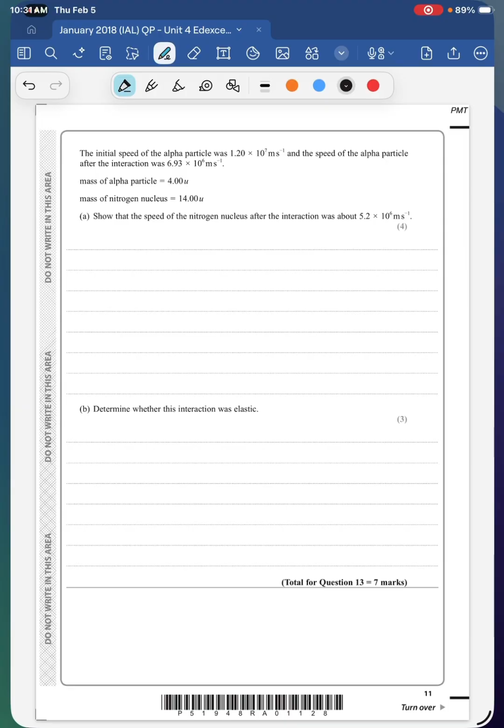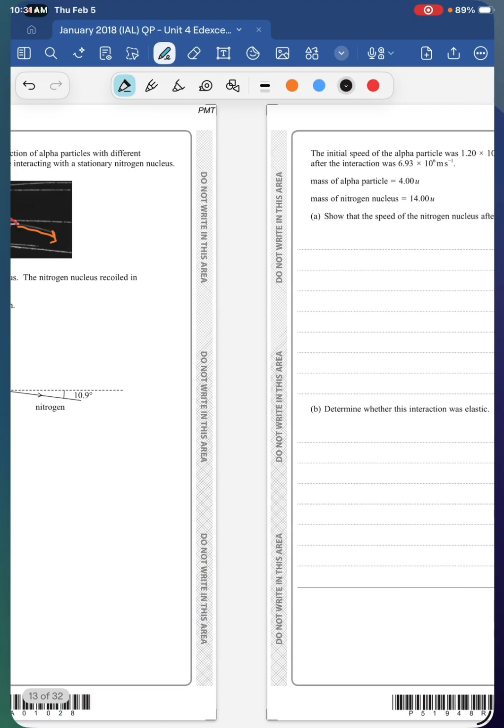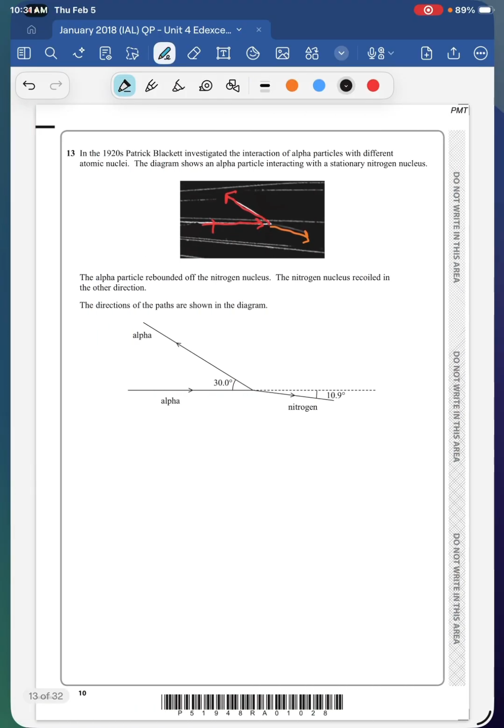Let me see how I want to do this. If we go back to this diagram, we can resolve the vectors. I'm talking about the velocity vector. The easiest will be to conserve momentum in the x and y directions.